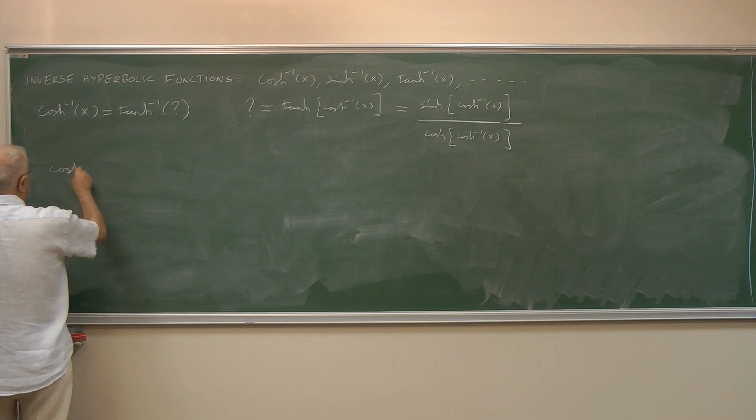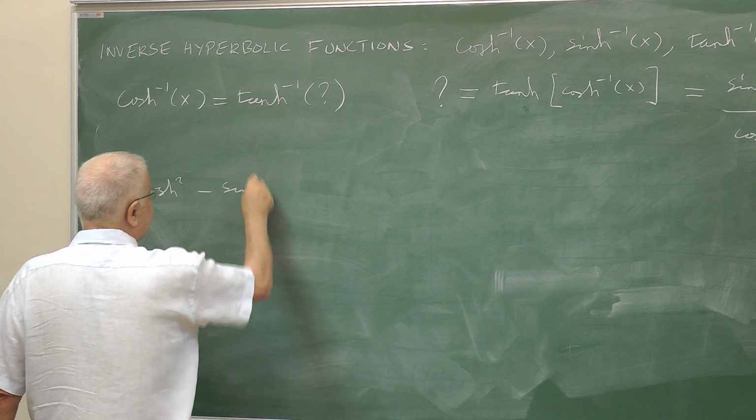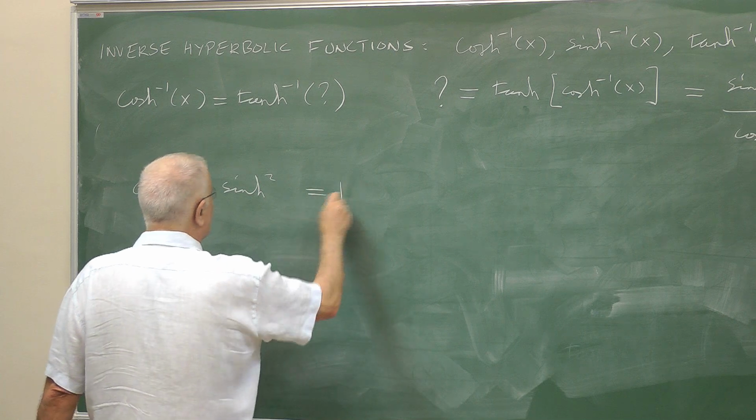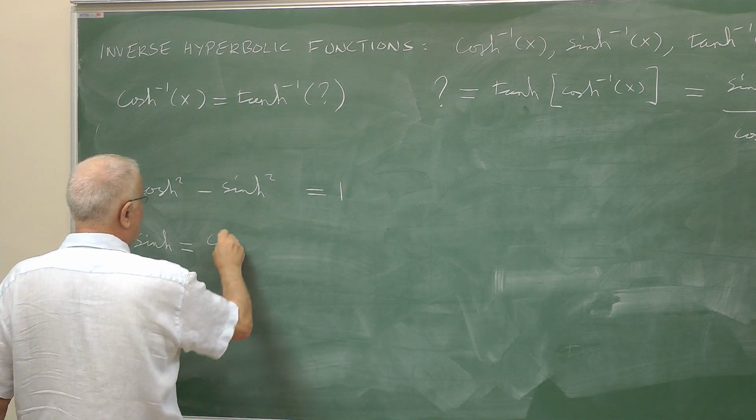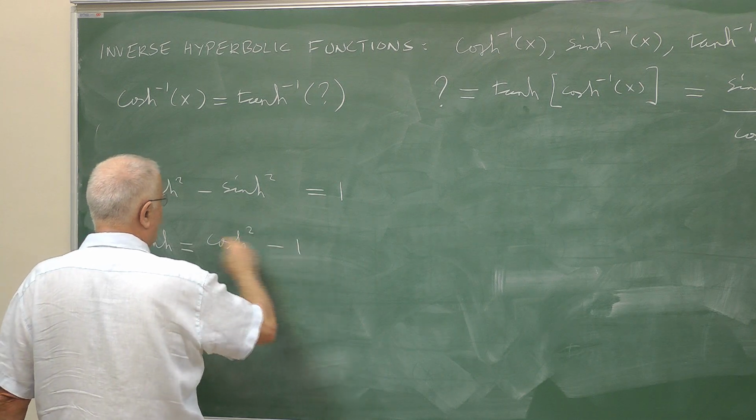I have cosh square minus sinh square equals 1, or sinh equals the square root of cosh square minus 1.